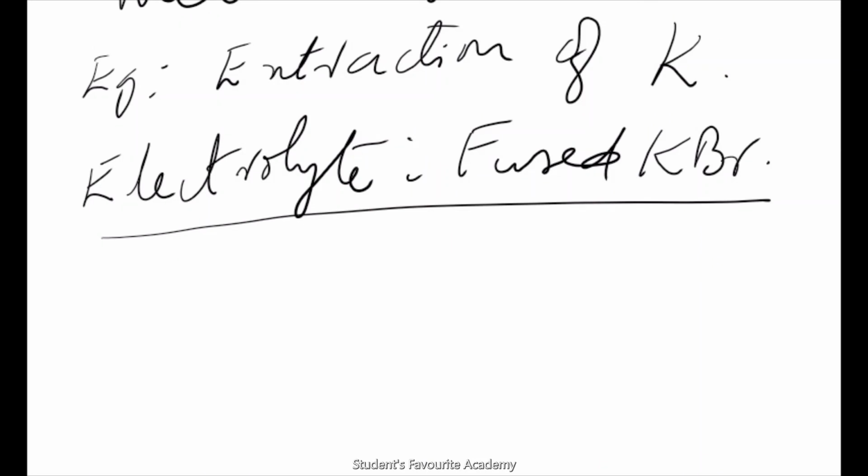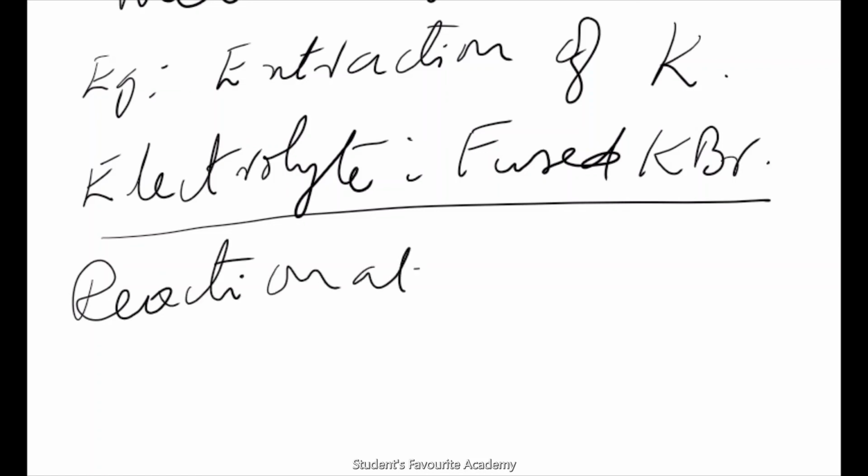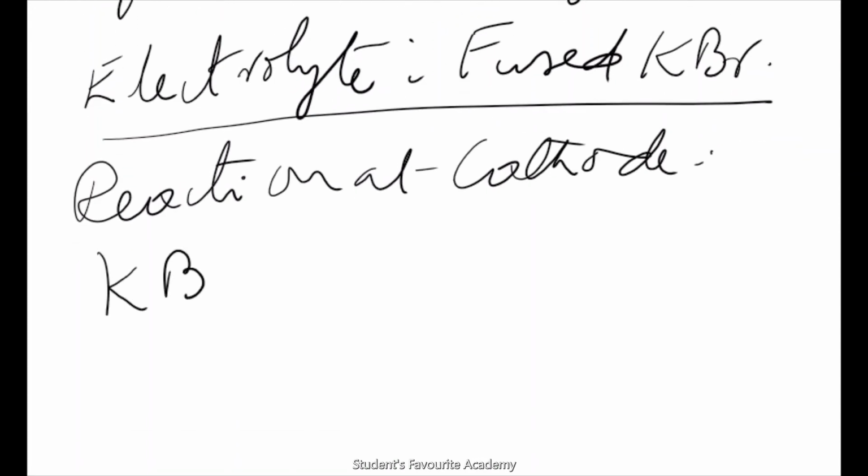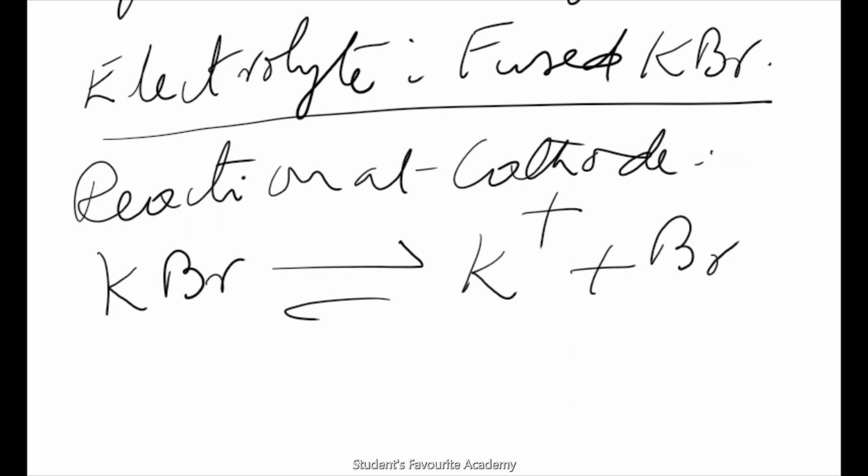Now the reaction at the cathode: potassium bromide, KBr, dissociates into K+ and Br- ions.